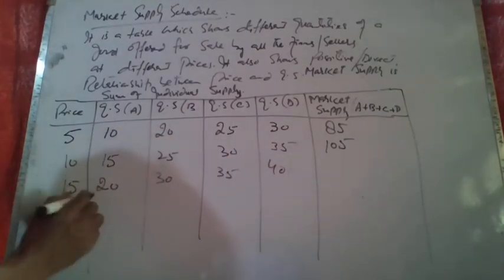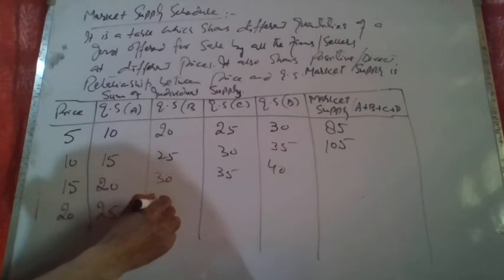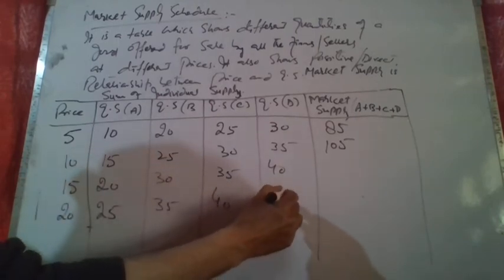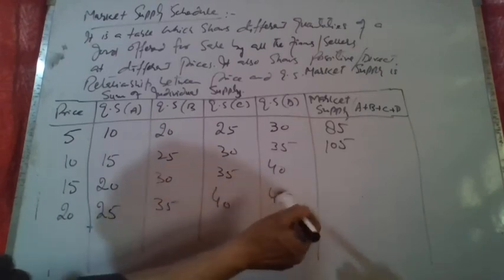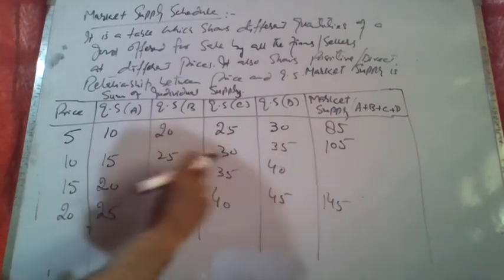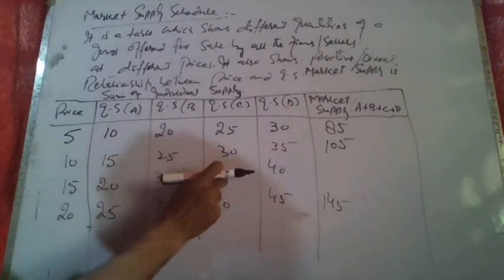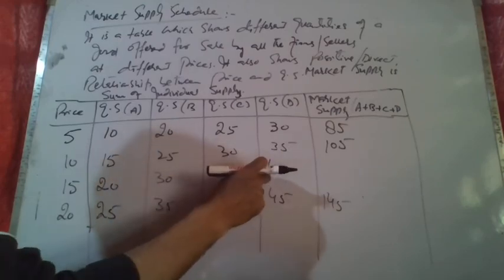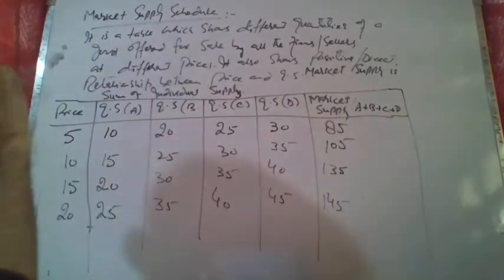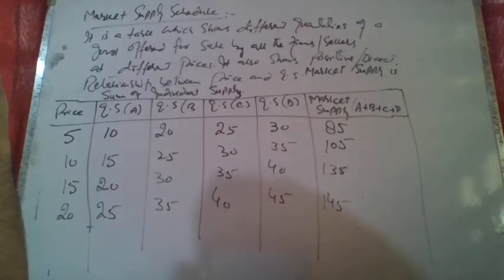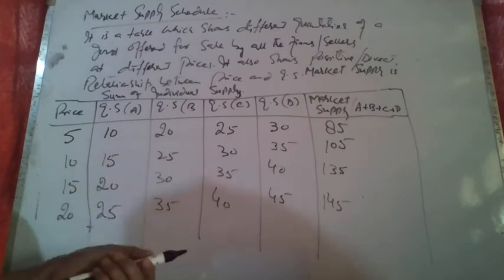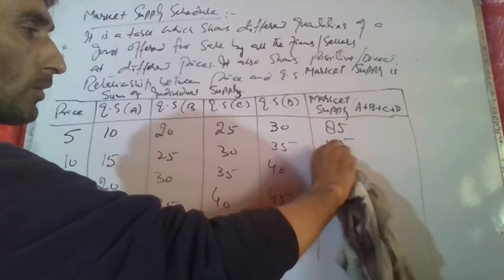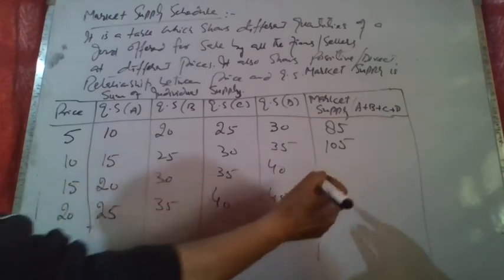Again, if price increases, A, B, C and D all increase supply.